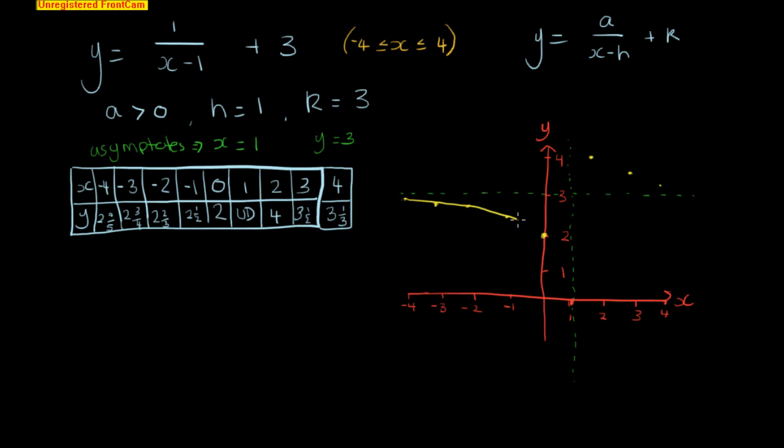So it's come up from there and it's going to come down there, but never cut that. So there is our graph. And it is a graph of y equals 1 over x minus 1, plus 3, where our asymptote here is y equals 3, and this one down here is x equals 1.